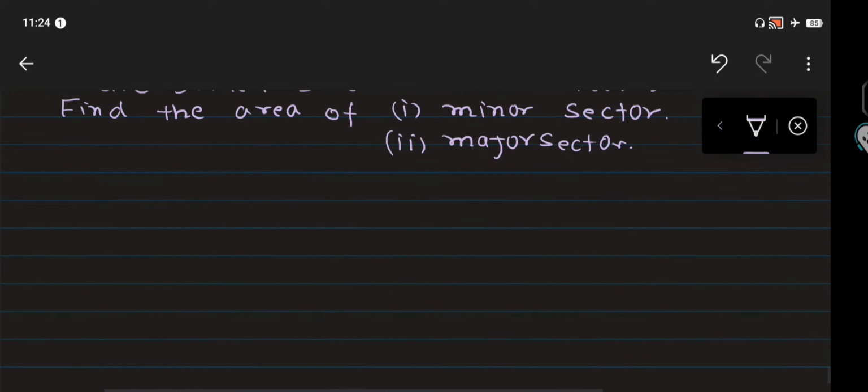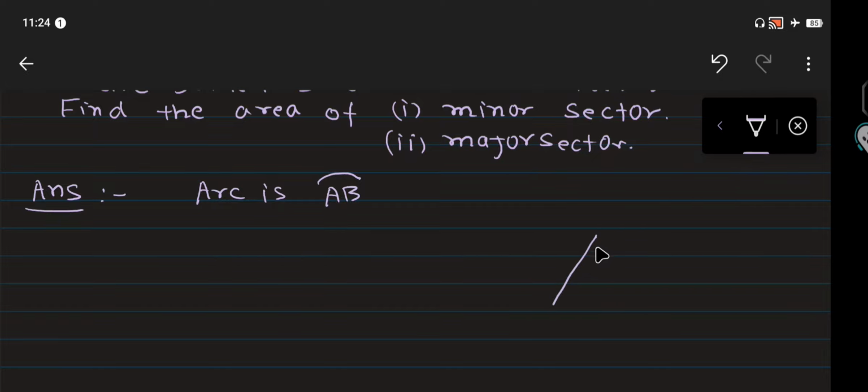Now let's solve this question. Let's say the arc is AB. And here the center, and it is given that the angle made by the arc at the center is 60 degrees.